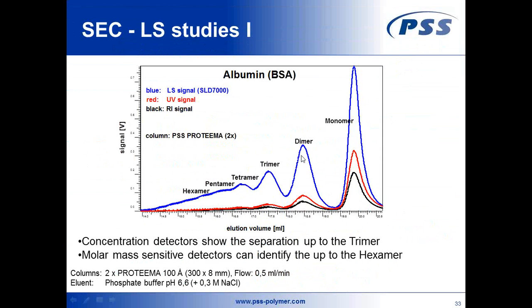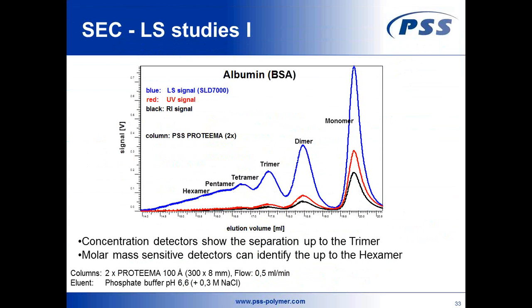But the light scattering detector can nicely separate a monomer from a dimer, a trimer, a tetramer and a pentamer, because the higher the aggregation gets, the higher the light scattering signal gets. The light scattering signal strongly depends on the molar mass of your sample, and this increases when your aggregation is increasing.